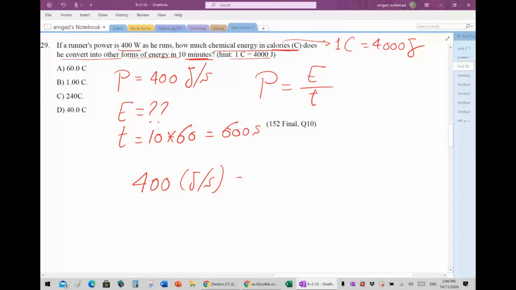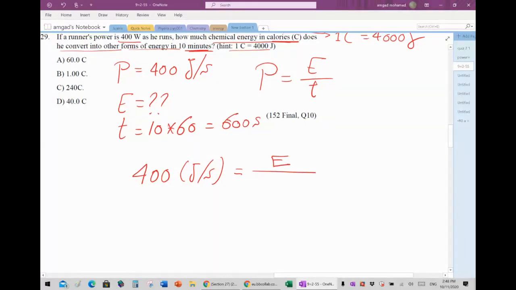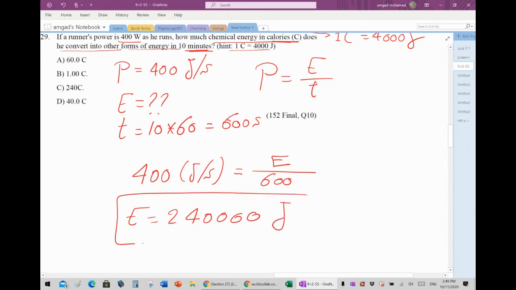So 400 joule per second equals energy, which I don't know, divided by the time, which is 600 seconds. So I can find the energy equals what? 240,000 joule. So I find the energy in joule because the time here is in seconds and the power is joule per second.